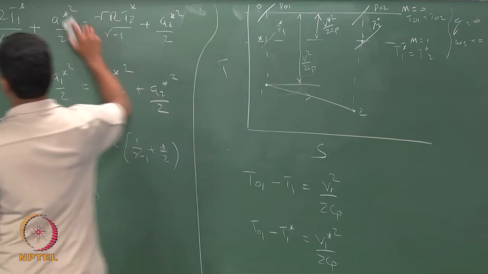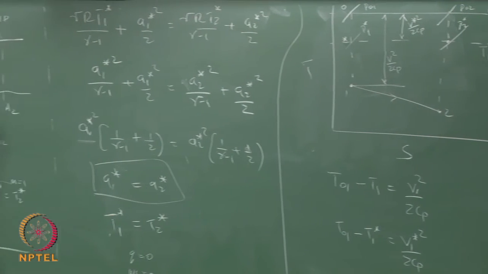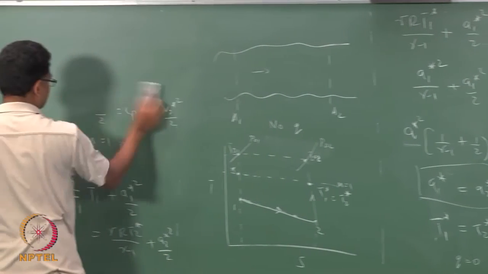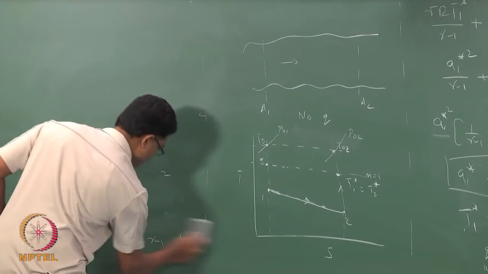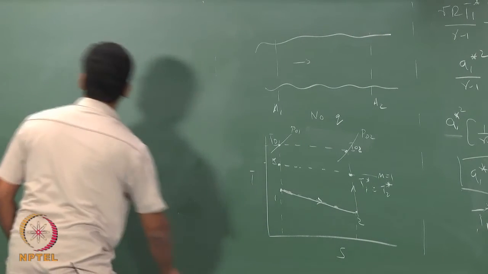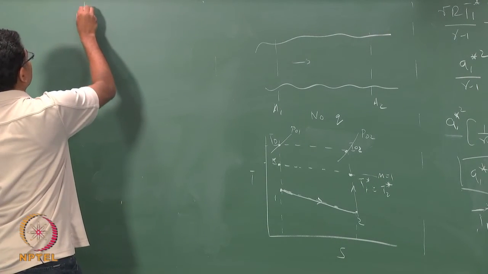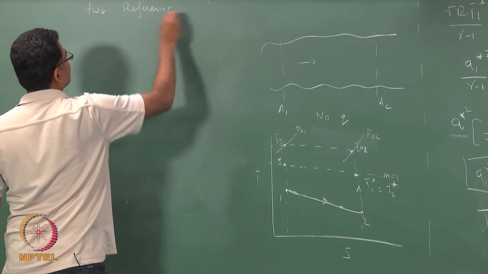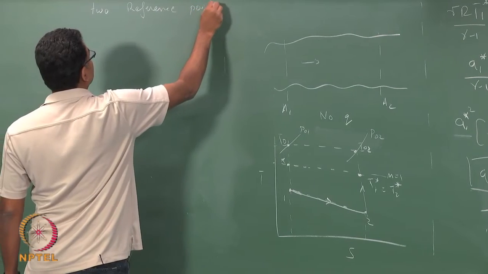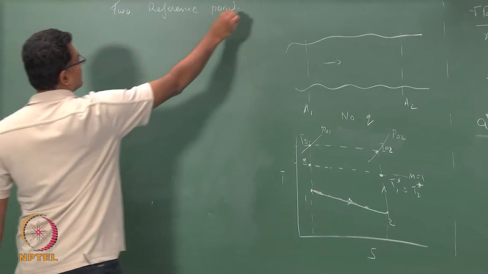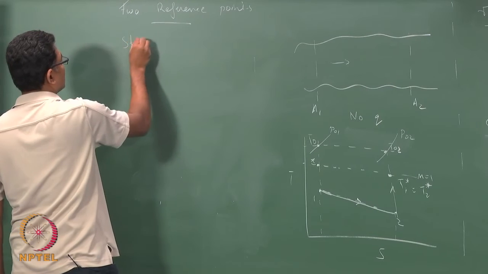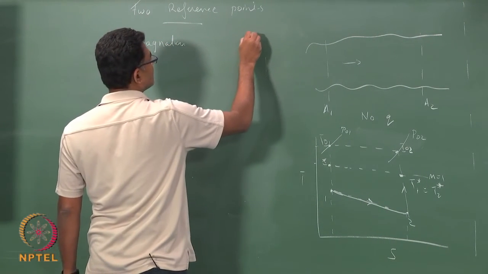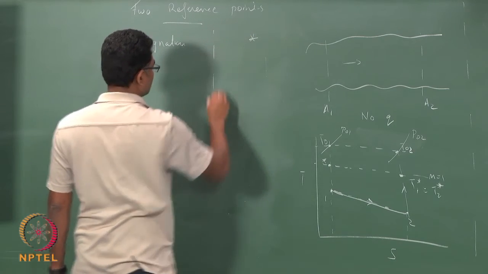Now, we further, so I have two reference quantities. Stagnation and the star condition.